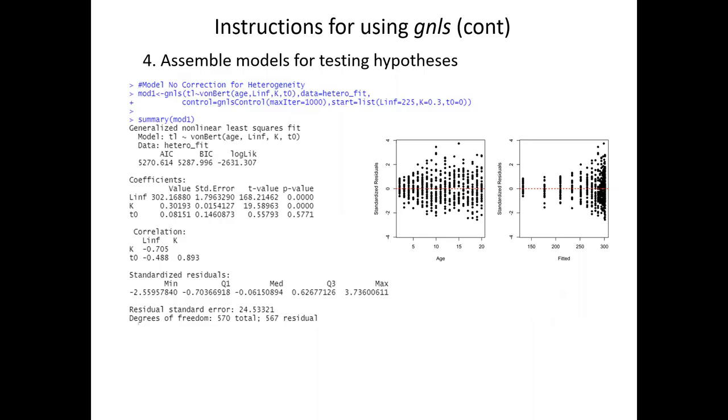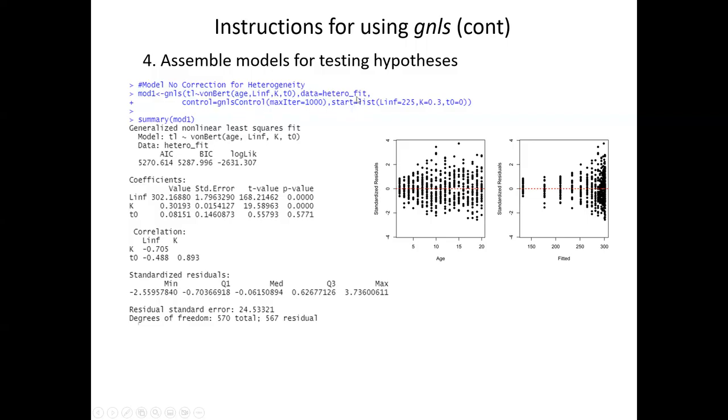So these next few scripts are in the script file that I sent. So up above here, you see the GNLS function. I have the TL, which is total length for this particular fish, and then that derivative function that you essentially set up. And so you input age here, and you're going to be estimating L infinity, K and T sub 0.